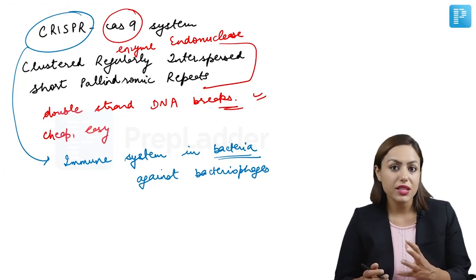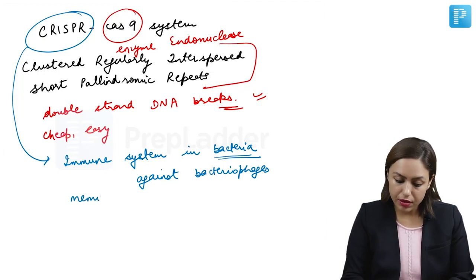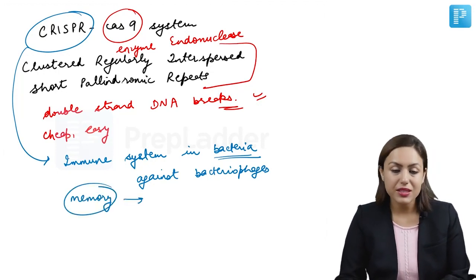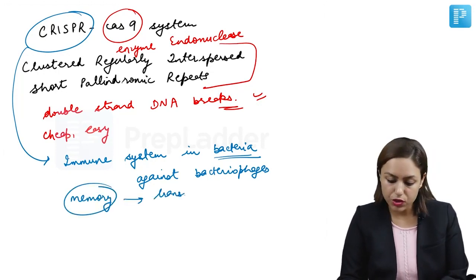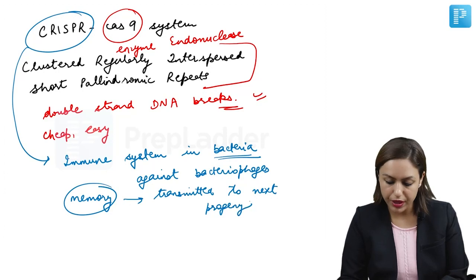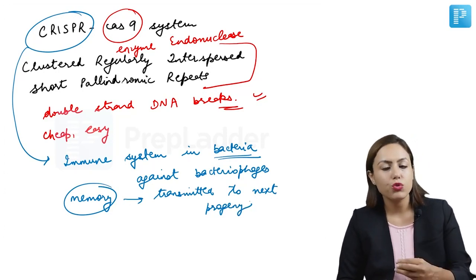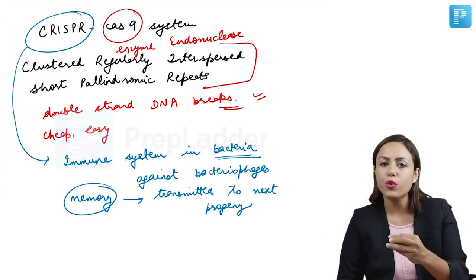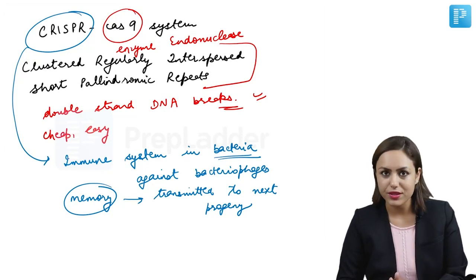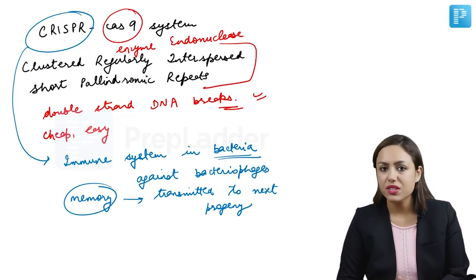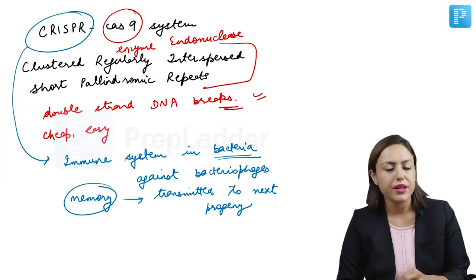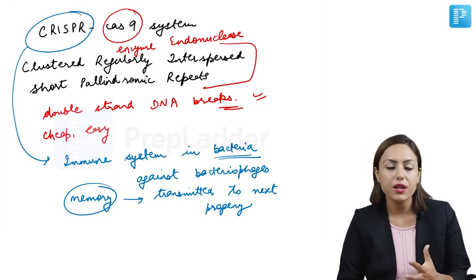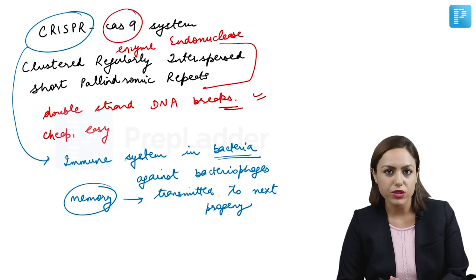This is stored as a memory in the bacteria, and this memory is transmitted to the next progeny, so that many generations of bacteria are protected from that particular virus, right? So this CRISPR system is naturally present in bacteria, but it can be modified for use in molecular biology, for use in eukaryotes, right?